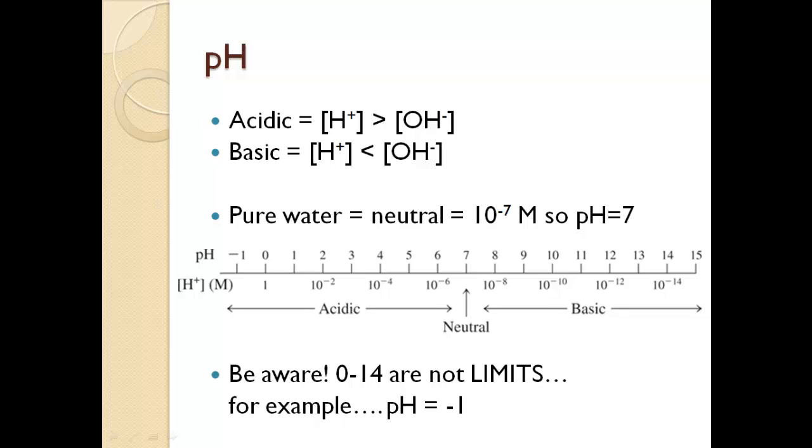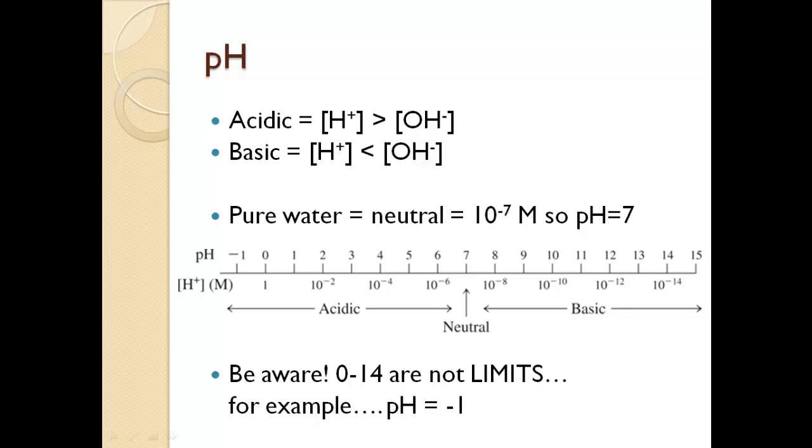Like hydrochloric acid has a pH of negative 1. What is the concentration of hydronium ions in a solution that has pH of negative 1? I would put 1, second function, that button that says 10 to the x, and you'll see that it's a 10. So it's a huge amount of hydronium ions because it's a really, really, really acidic solution.